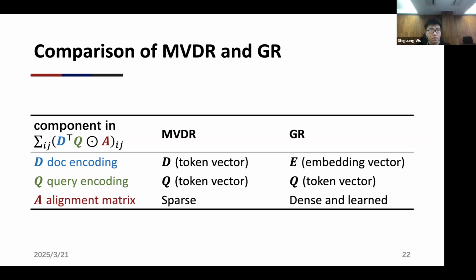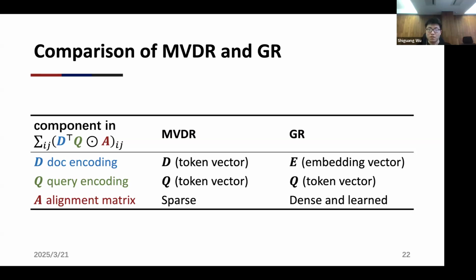So the hard work is in the alignment matrix. For MVDR, they use a very simple and sparse matrix. For GR, they use a dense and learned alignment matrix, which is the attention mechanism.